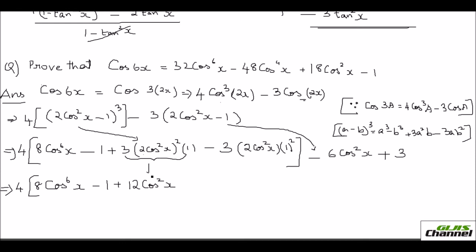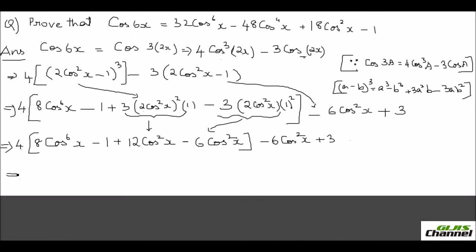This whole thing I am writing down here, so this would be minus 6 cos square x, and outside you have a 6 cos squared x plus 3.